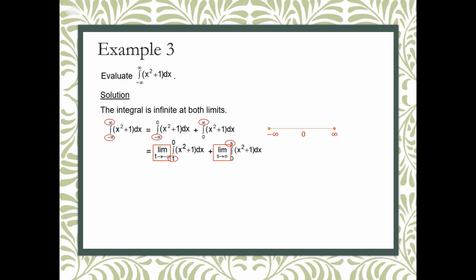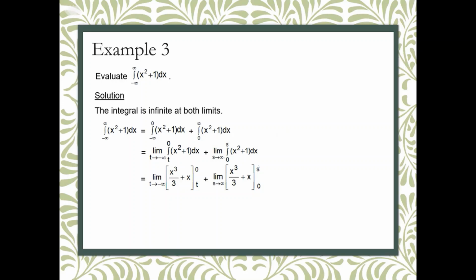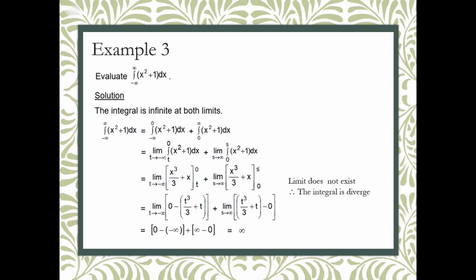For the first integral, we take the limit of t approaching negative infinity, and for the second integral, we take the limit of s approaching positive infinity. Integrate each term and substitute the corresponding intervals accordingly. Simplify, you should obtain positive infinity as the final answer. As the limit does not exist, the function is said to be diverged.